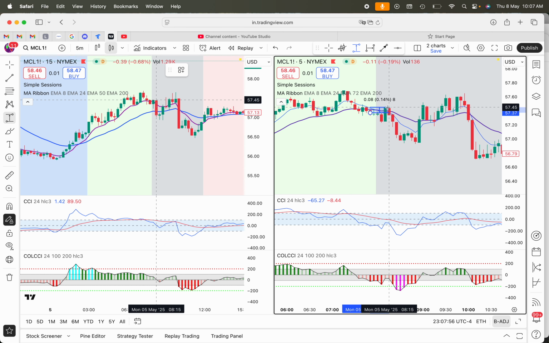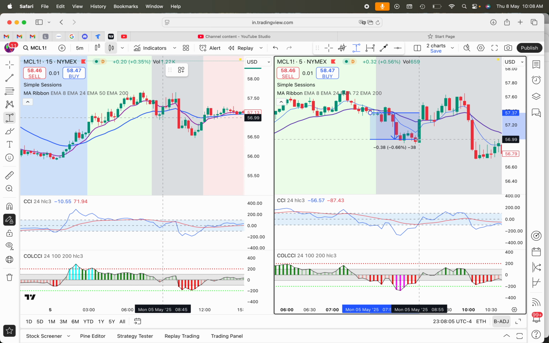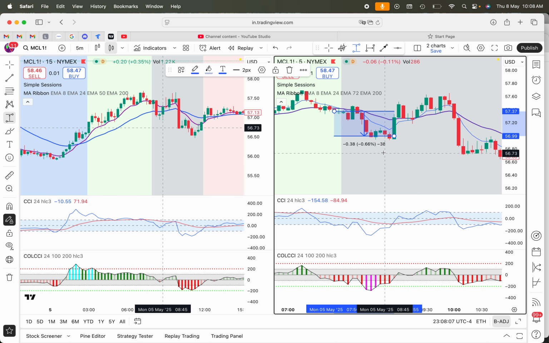Unfortunately, it sucked back on us, but not by much, and then the thing took off. Okay, and you could have called that a scalp. Where you get out would be, look, it's up to you. I would definitely get out when this black line, which is the CCI line, crosses back through the minus 100.